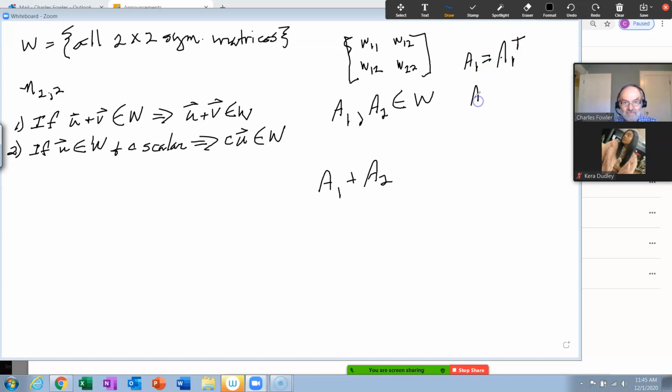So what we have to show is this sum is also in W. Well, for it to be in W, its transpose must be itself, right?